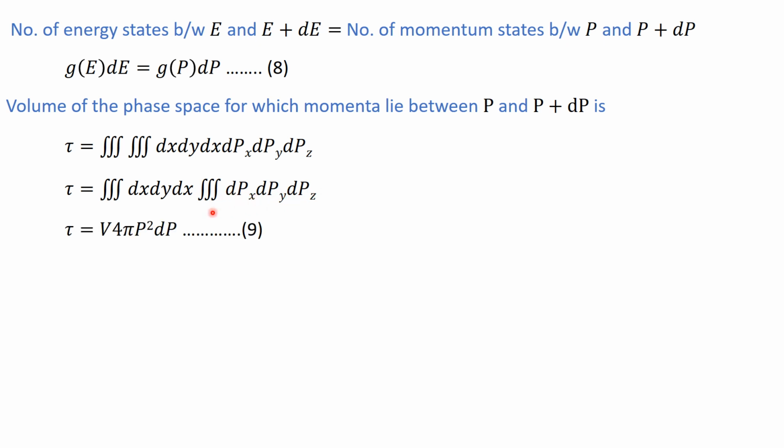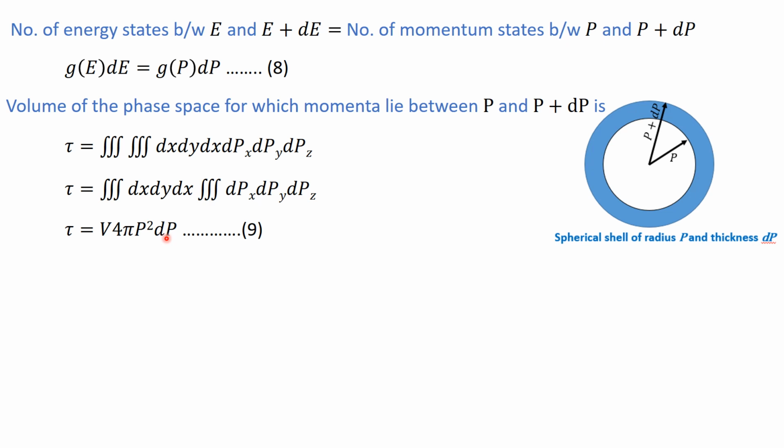So the normal volume is represented by V, and the momentum space volume of the spherical shell is given by 4 pi p squared dp. So this is actually this thing: we have a spherical shell, this blue spherical shell, which has a radius p, and the thickness is dp.